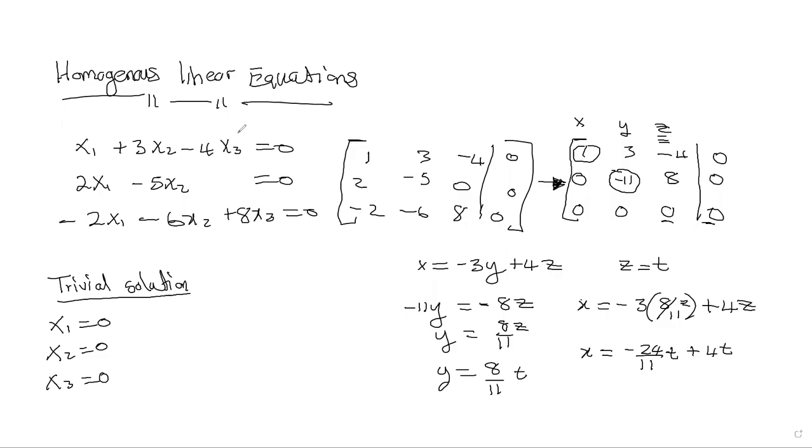So in terms of homogeneous linear equations, you only have two options when it comes to solutions. Remember the other one had three; one of them was no solution, but here there's always a solution. There's either the trivial solution, which works here, or the other solution, which is this one.